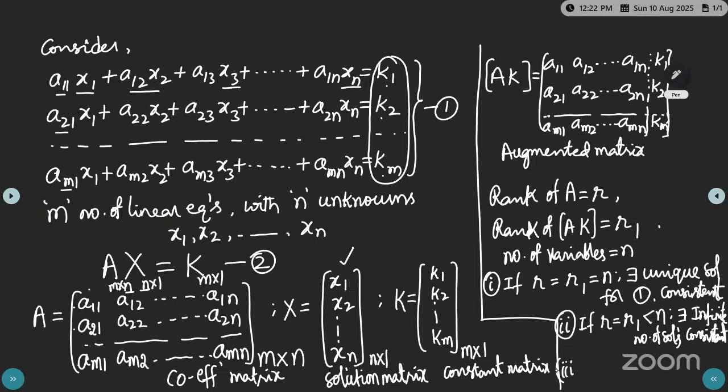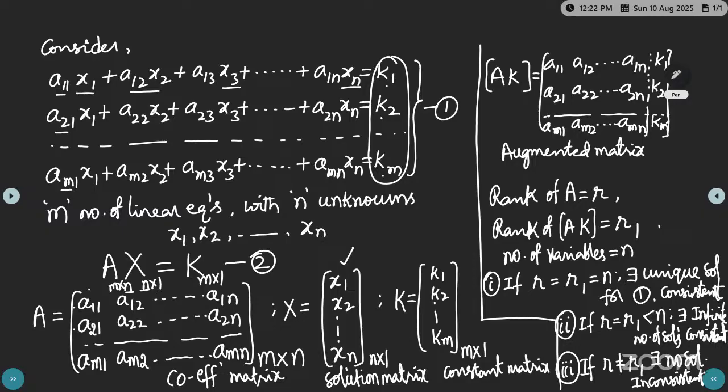The third point: if r is not equal to r1, there exists no solution, and the system is inconsistent, or not consistent. If the rank of the coefficient matrix equals the rank of the augmented matrix, definitely there exists a minimum of one solution. Then we say that it is consistent.